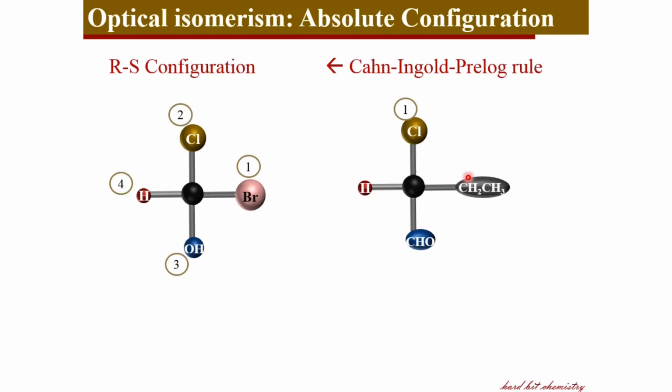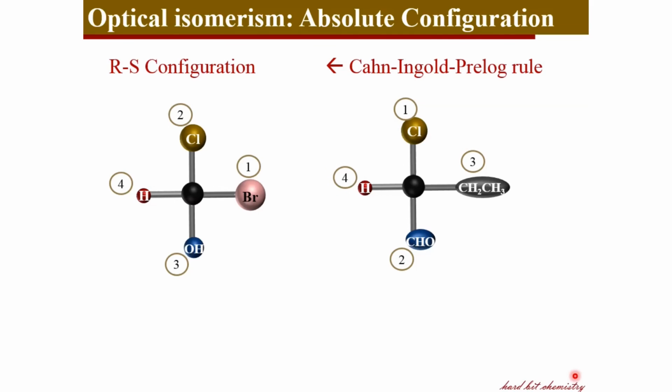So here in this case, the carbon is attached to another carbon, whereas in the aldehyde group you can see that the carbon is attached to oxygen, which is higher in atomic number. So the next priority goes to the aldehyde group rather than this alkyl group, and then hydrogen possesses the lowest priority. Always, if you have hydrogen attached to the chiral carbon, the hydrogen atom possesses the lowest priority.